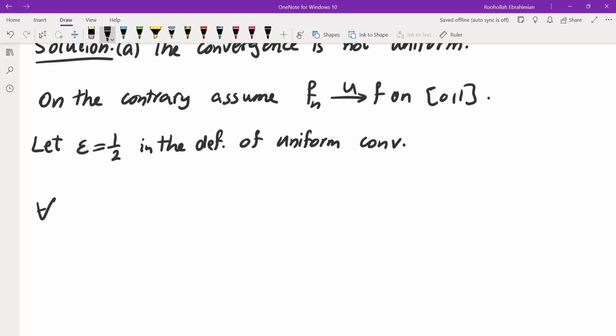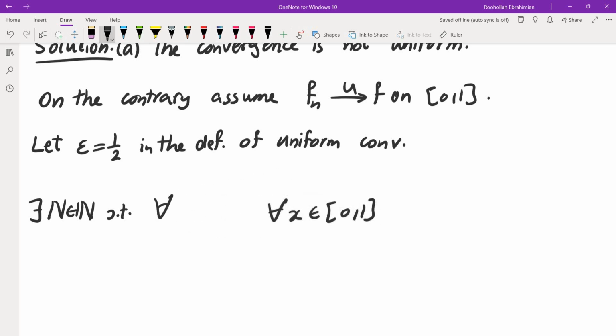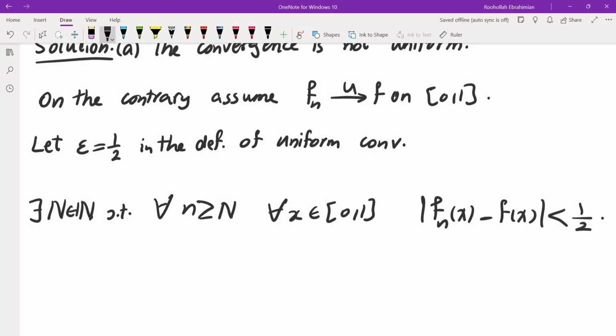So this means there is some capital N in the natural numbers such that for every n greater than or equal to N, and for every x in there, the distance between fn of x and f of x is less than 1/2. Okay, so we know that.